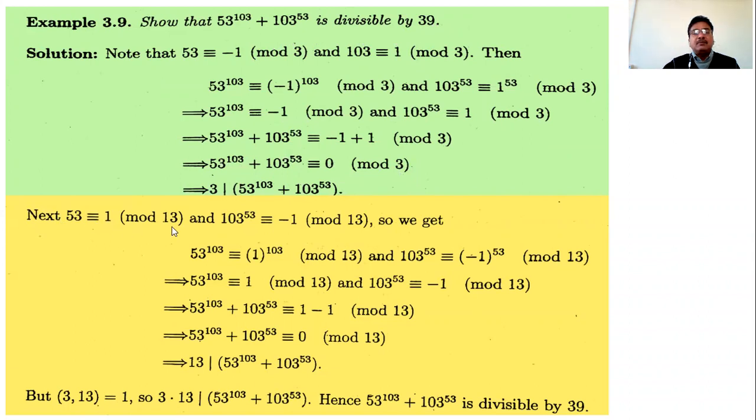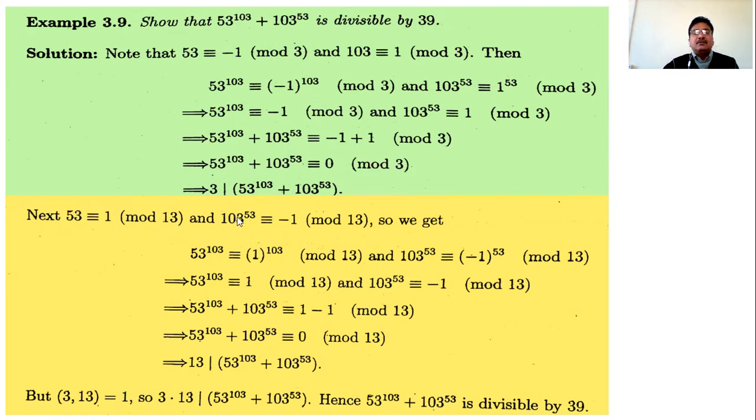Then 53 is congruent to 1 modulo 13, because 13 times 3 is 39. So we take 13 at this place, because 3 times 13 is 39. 53 is congruent to 1 modulo 13, because 13 divides 53 minus 1, that is 52.